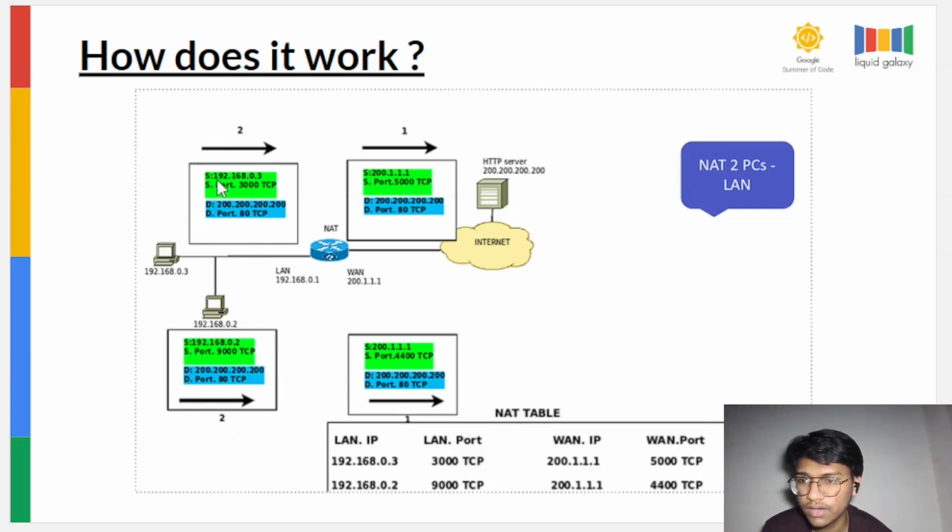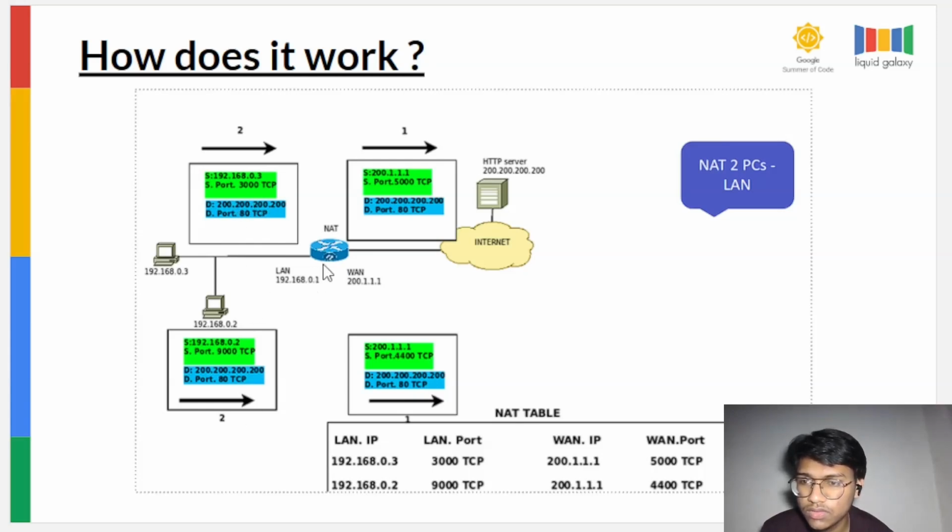This is the sender IP address, and this is the sender port. You can see that their ports are also different, 3000 here and 9000 here. Their destination is the internet HTTP server, with this IP address, and we know it has port 80.